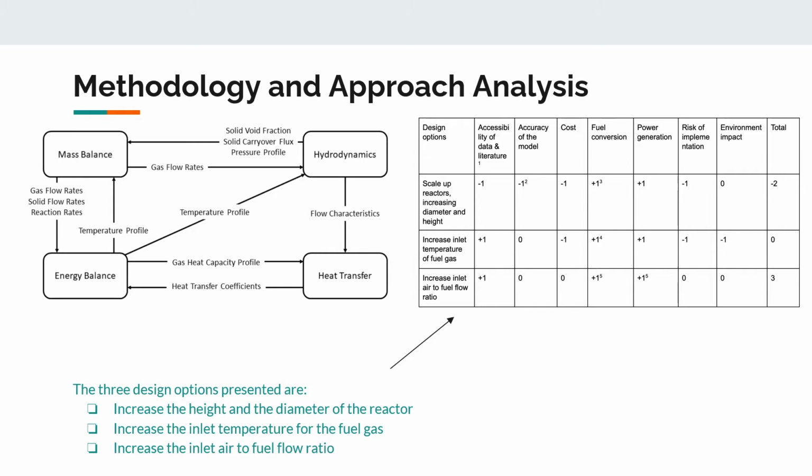A temperature threshold of 1200 degrees Celsius will be applied since the end product of ilmenite has a tendency of turning into pseudobrookite at higher temperature; or increase the inlet air to fuel flow ratio to allow for more air into the system and relatively less fuel gas. The current model is conducted with an air-fuel ratio of 1.2. The decision matrix for alternative design options is illustrated here.